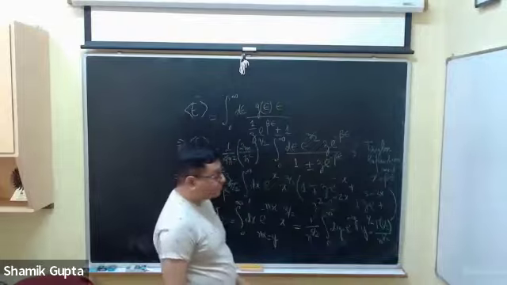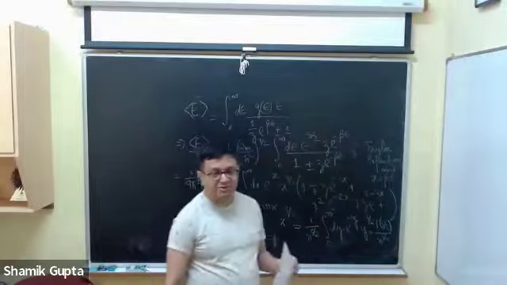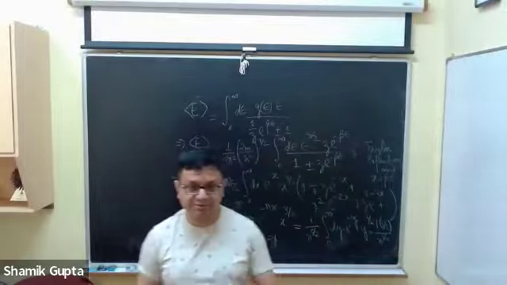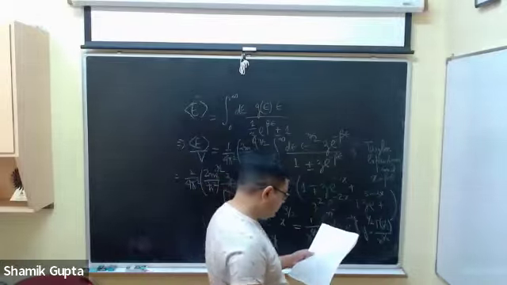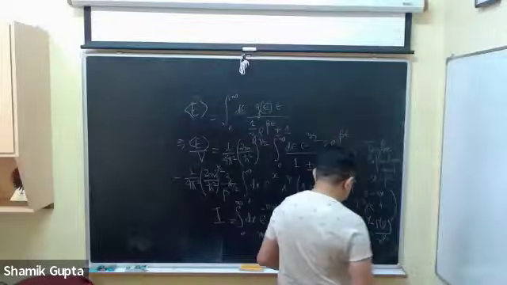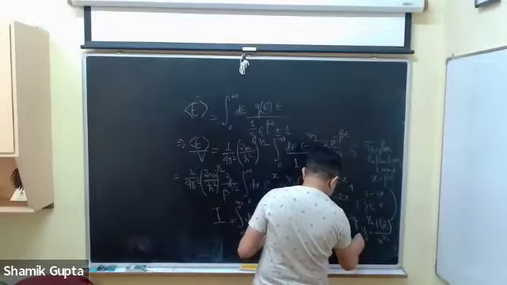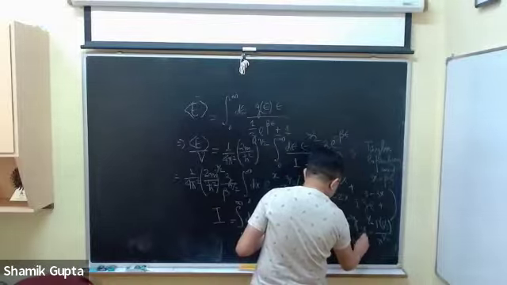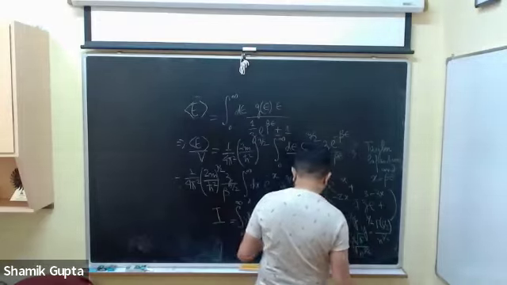But gamma 5 by 2, we know what it is. It is 3 by 2 gamma 3 by 2. And gamma 3 by 2 is half square root of pi. So if I just substitute it there, I get 3 square root of pi divided by 4 n to the power 5 by 2.